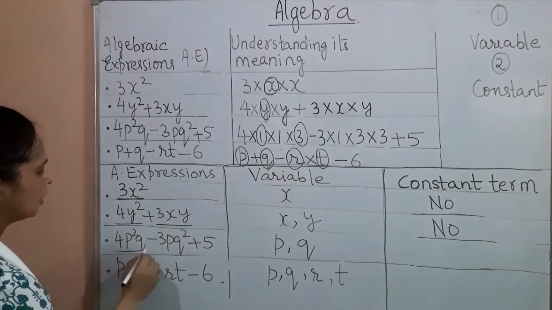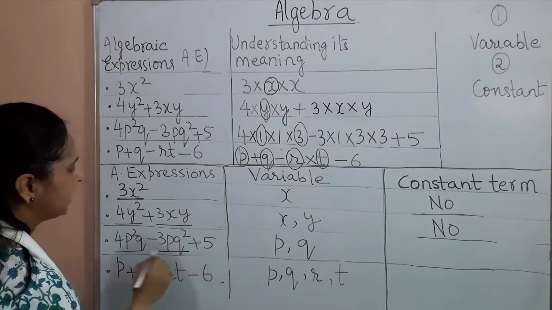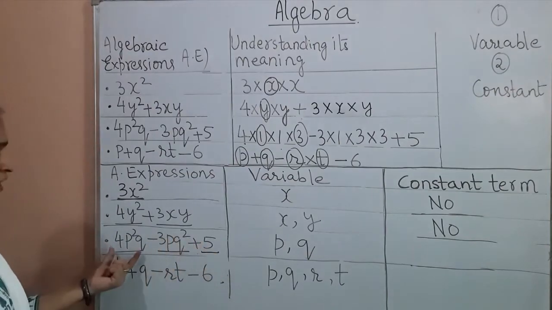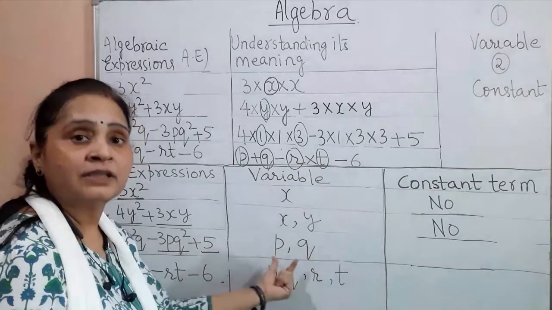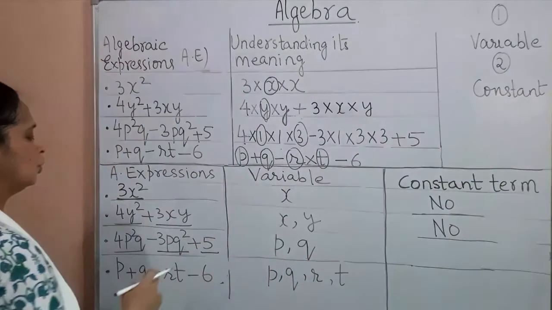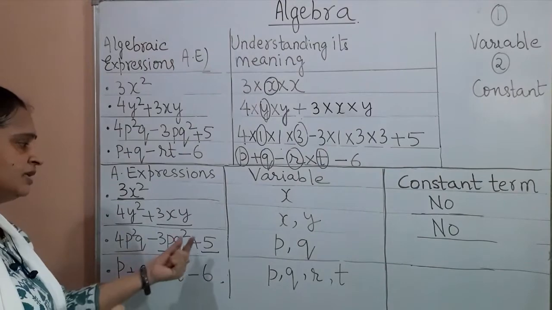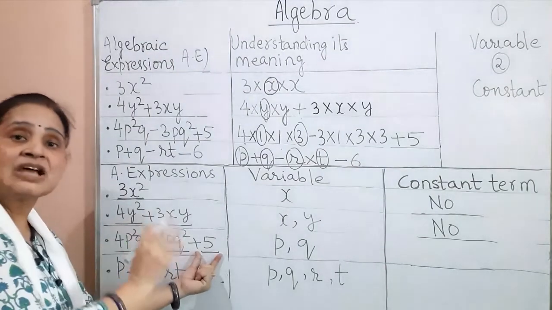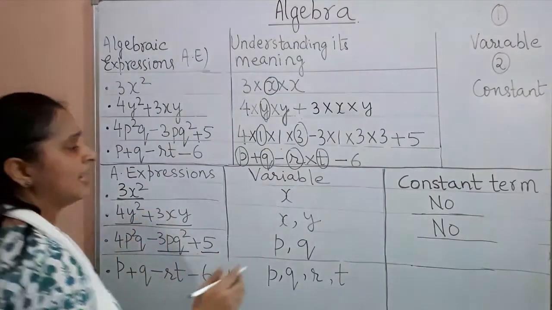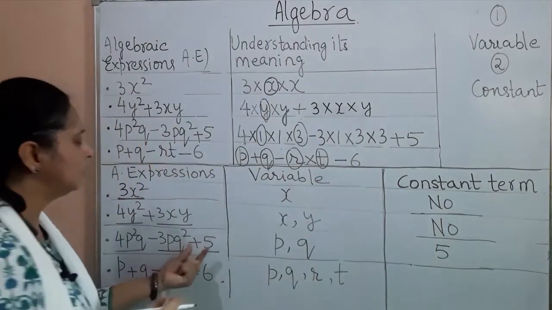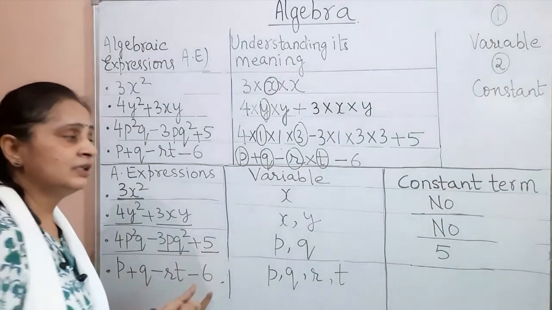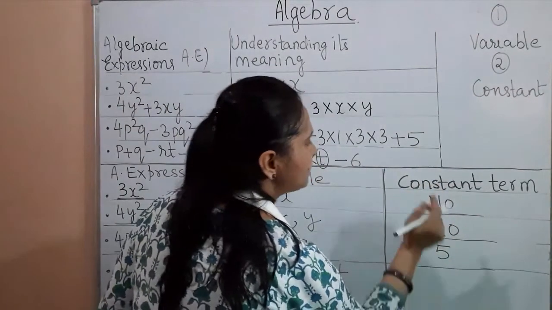If we look at the third one, we see that there are three terms. The first term and second term depend on the varying values of p and q. So they are going to change, but the third term has a fixed value, and that is the constant term. So the third term is constant, and the value of that constant term is 5.